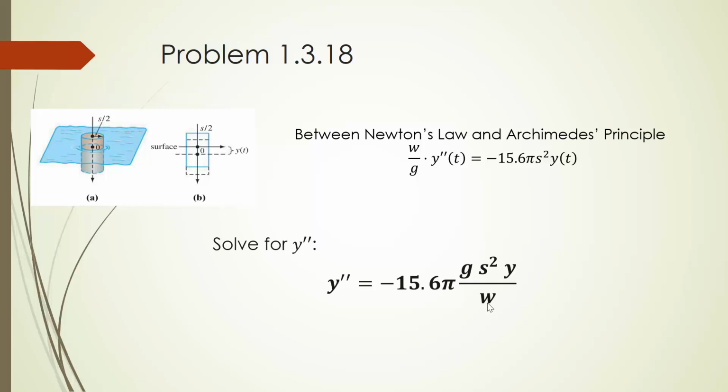And so if we just solve for y double prime and simplify the y of t to just y, we have y double prime, or d squared y over dt squared, is equal to negative 15.6 pi times the gravity times the diameter squared times y, the position, divided by the weight w. Okay, so that's our differential equation, and that's it for section 1.3.